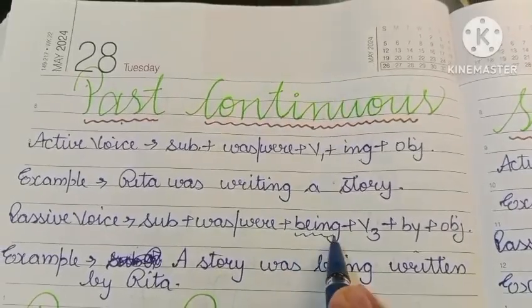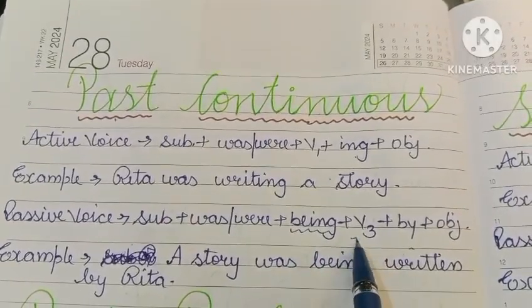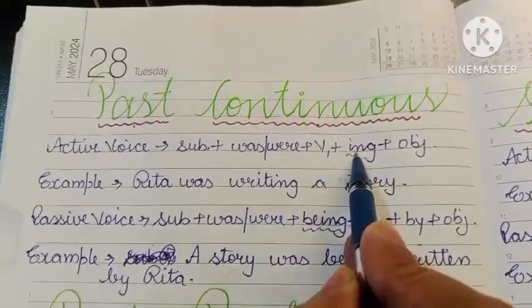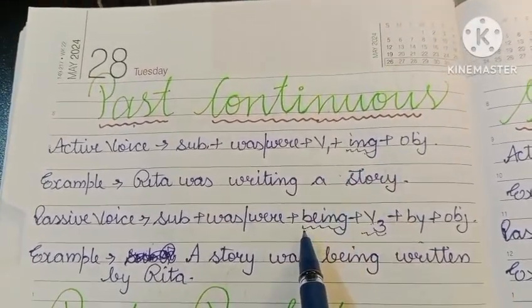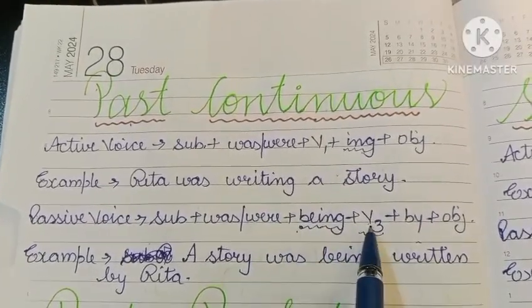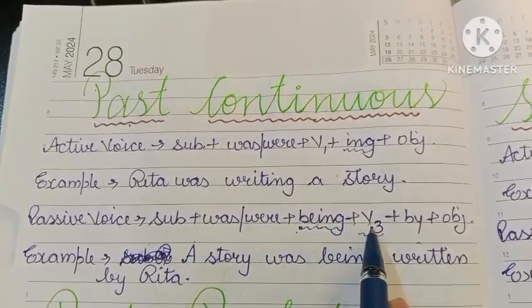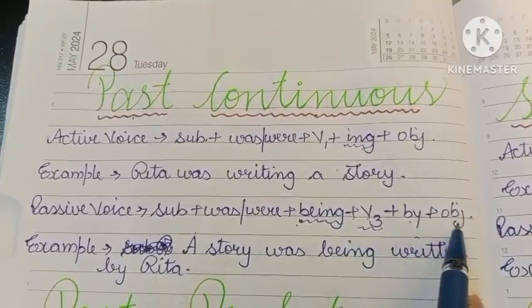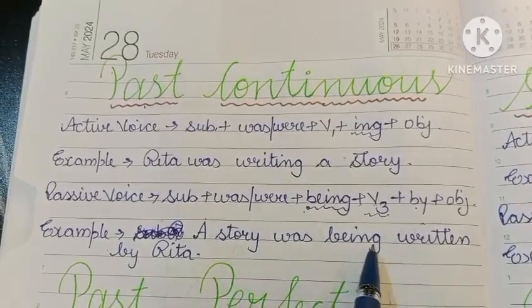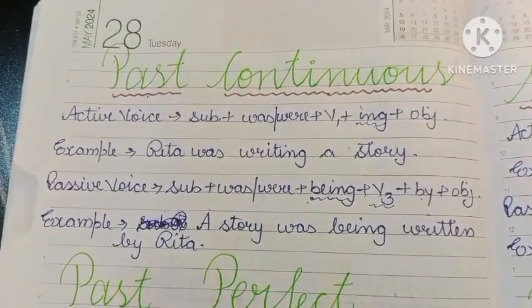Again, we are adding being here because we have to use the third form of the verb in the passive voice. So the ing form of the active voice is added here with the be. So here: being plus third form of the verb plus by plus object. And the example is a story was being written by Rita.